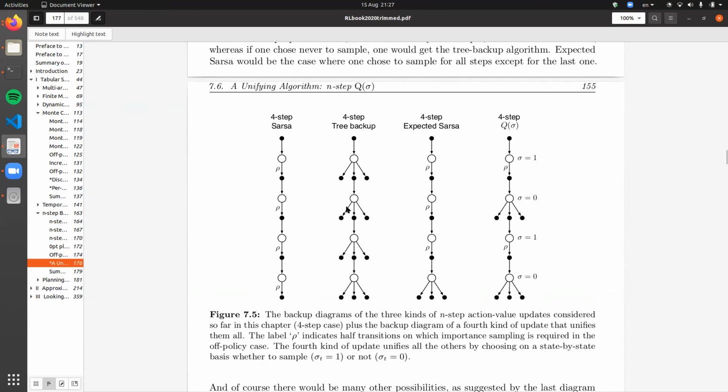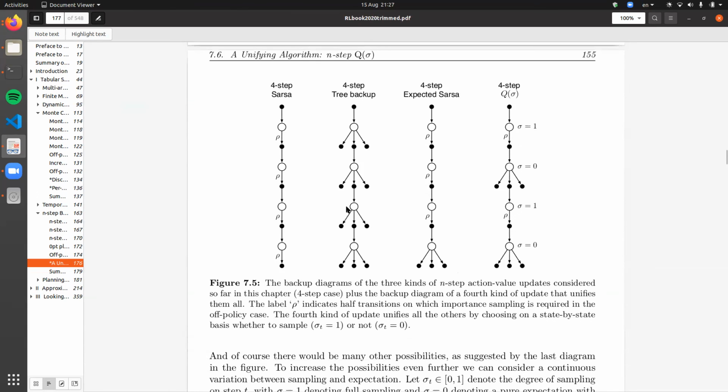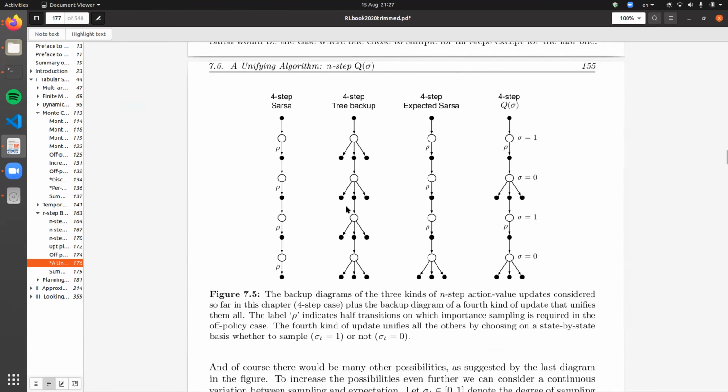And I think that this backup diagram should highlight all the differences we have here. So let's compare it. Here is four-step Sarsa with importance sampling.